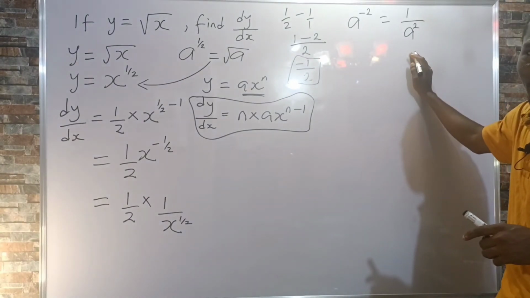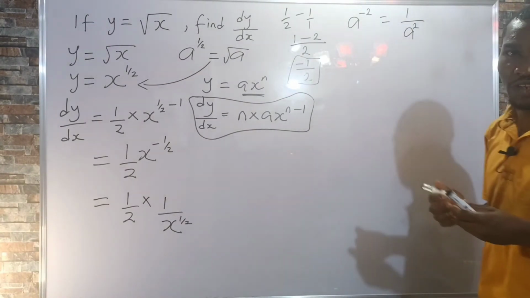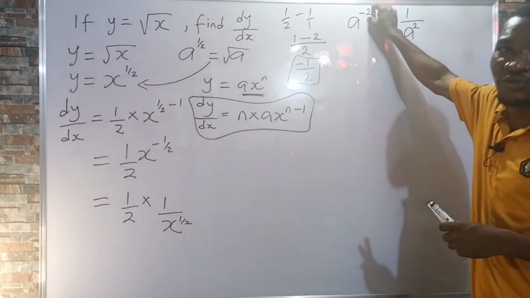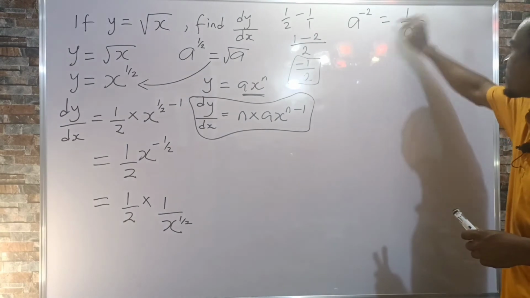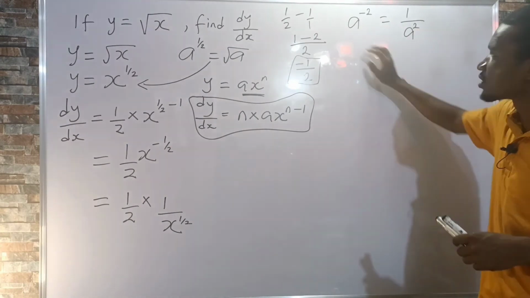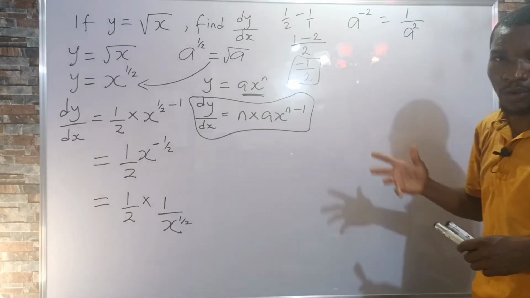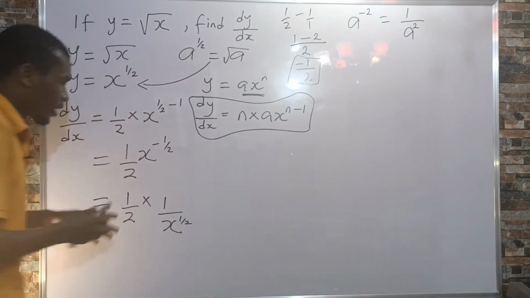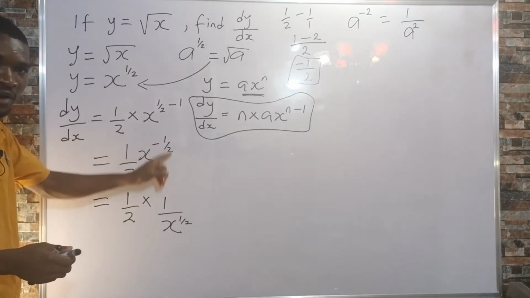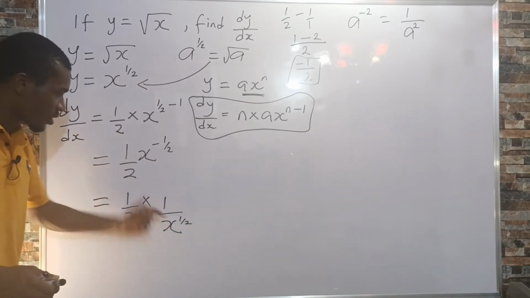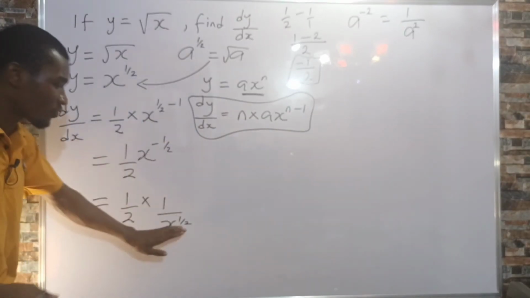This is one of the basic laws of indices. Okay, that is the law I just applied here, that when we have x raised to the power of negative half, it is the same thing as taking the reciprocal of x raised to the positive value of half.